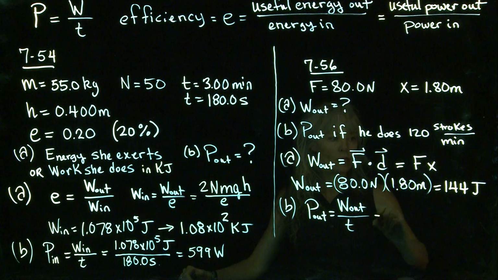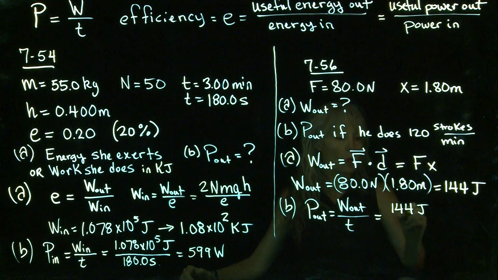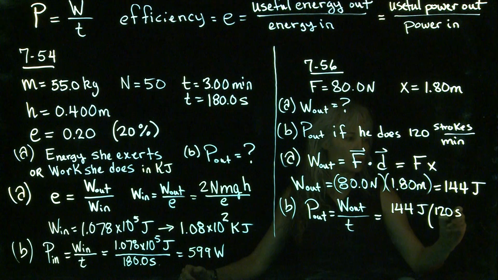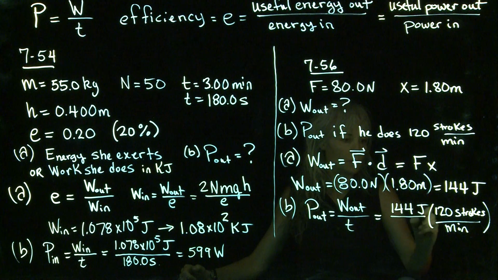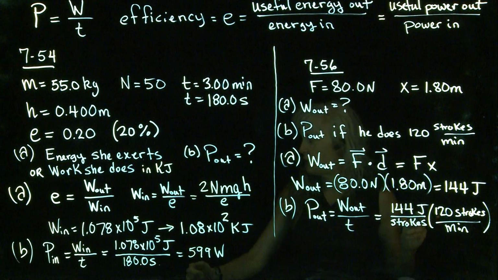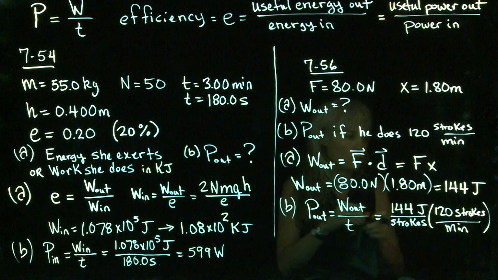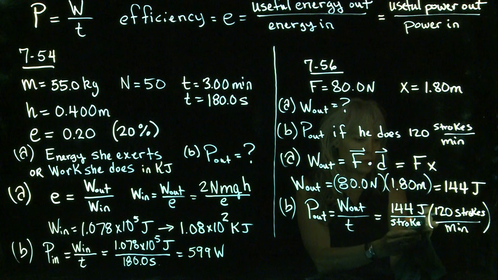So we know for each stroke, the work required is 144 joules, and he is completing 120 strokes per minute. So this is 144 joules per stroke.